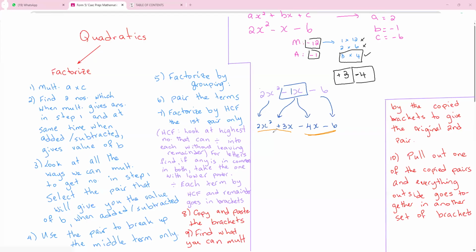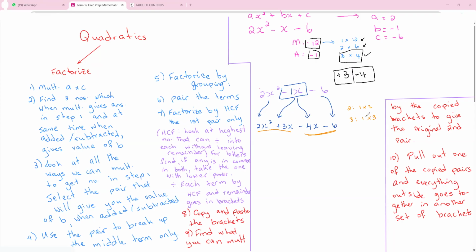Look at your first pair. I have 2 and I have 3. You're going to pull out the highest number that could divide into those 2 numbers. If you cannot remember how to find the HCF, you're just basically looking at all the ways you could multiply to get the number. So like 2, the only way I can multiply to get 2 is 1 by 2. 3, the only way I can multiply to get 3 is 1 times 3.